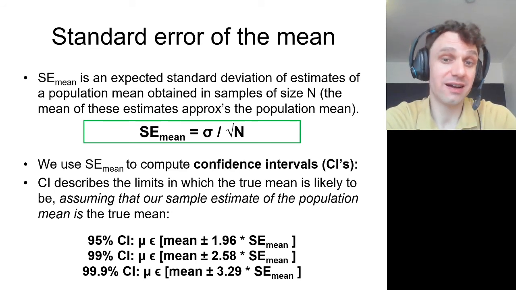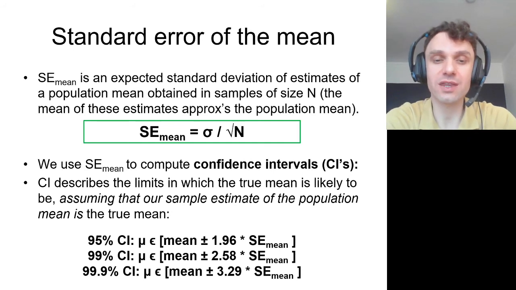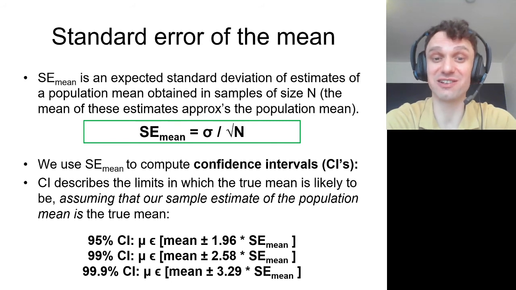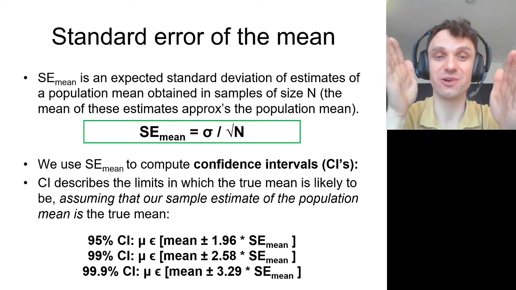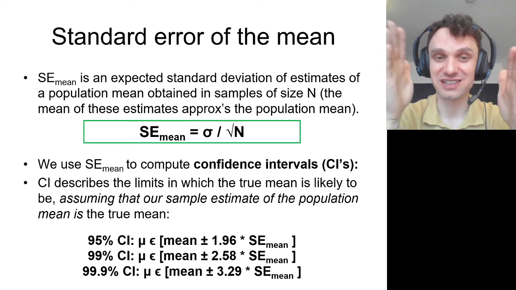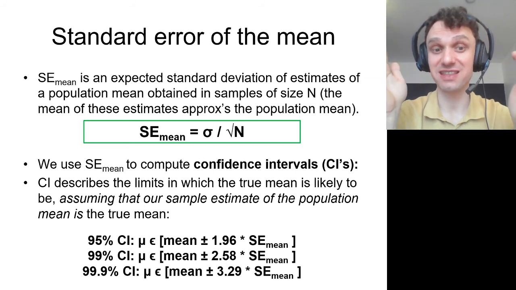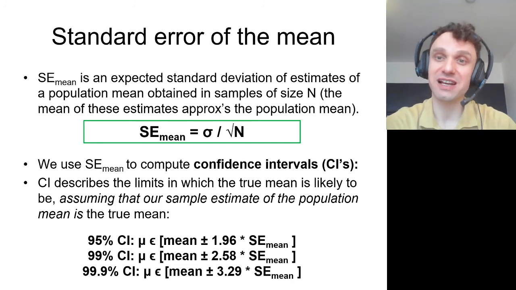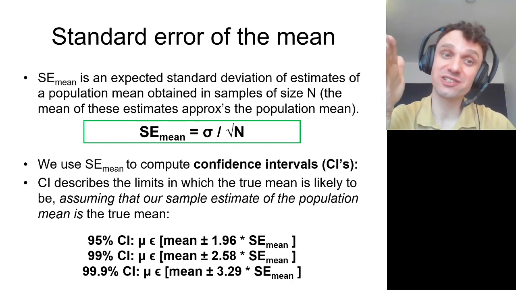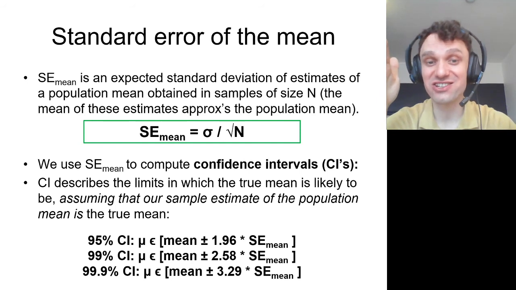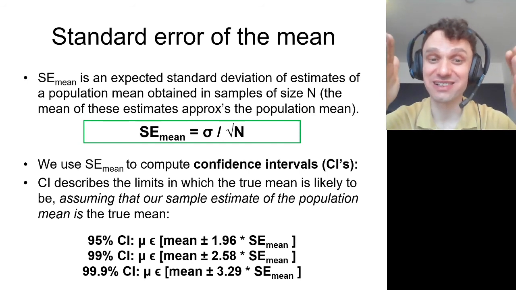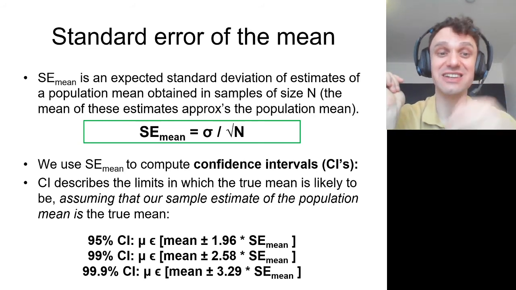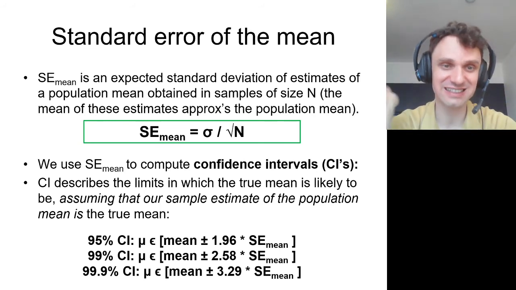And we can compute a confidence interval. We take our mean, and because we know that about 95% of all observations are supposed to fall within the range of ±2 standard deviations away from the mean, we know that the true value for the population is supposed to lie somewhere within the range of ±1.96 standard errors away from your estimate in your sample, in most cases.